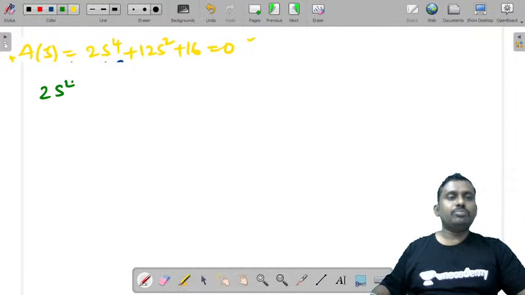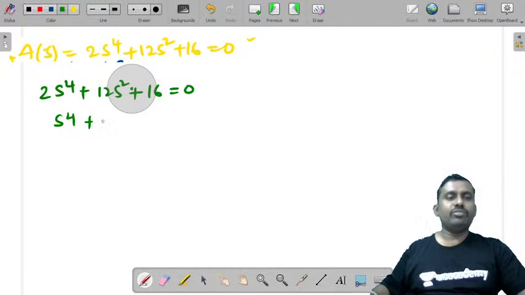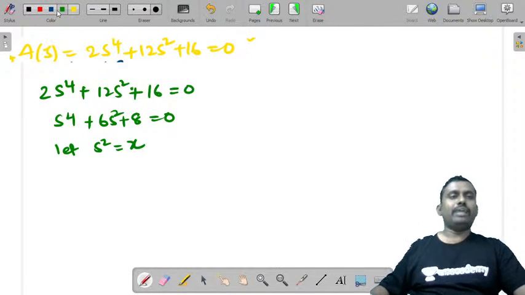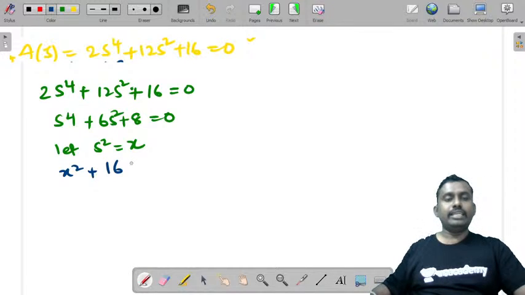So it is 2s power 4 plus 12s square plus 16 is equal to 0. If you take common 2, it is s power 4 plus 6s square plus 8 is equal to 0. Let s square is equal to x. So this is x square plus 6x plus 8 is equal to 0.